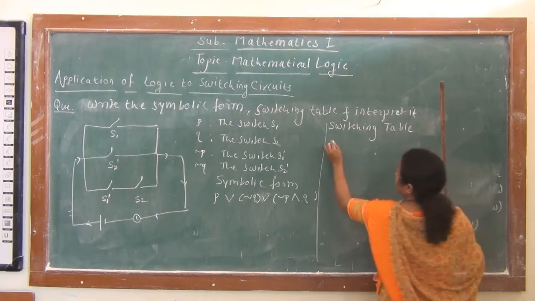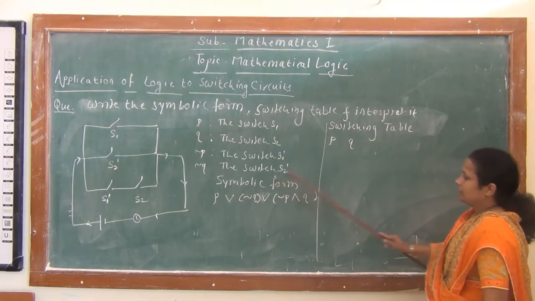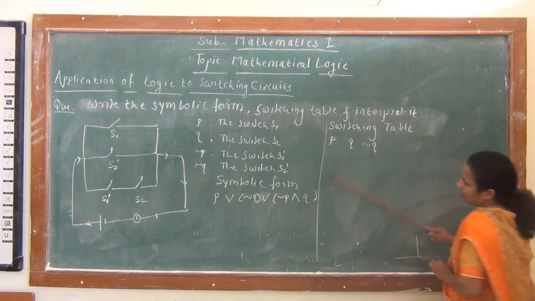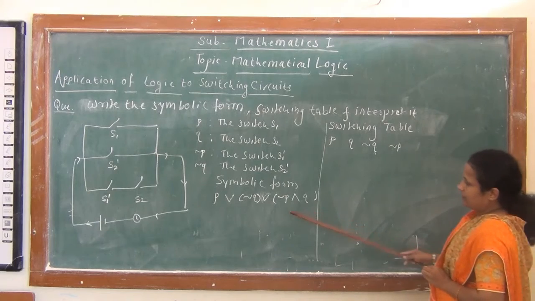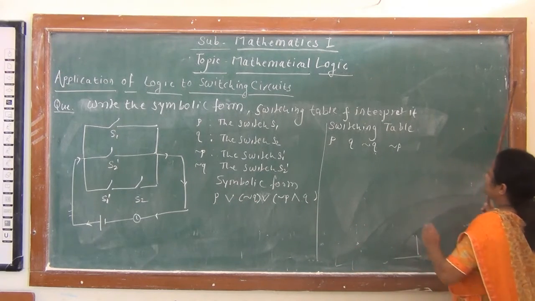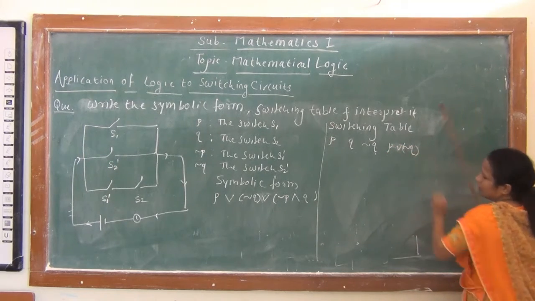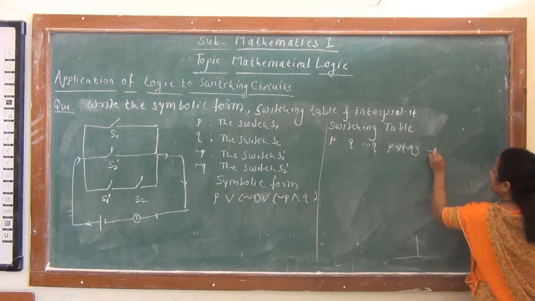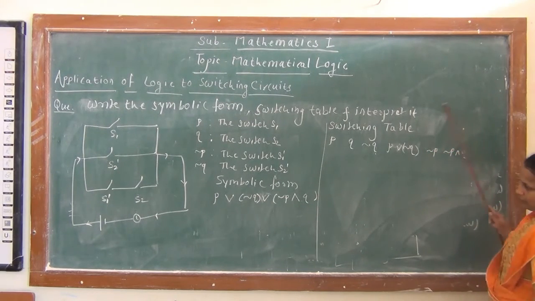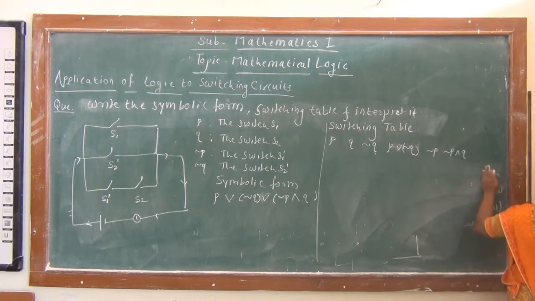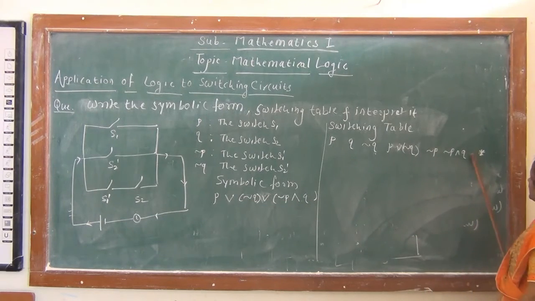So we start with the prime components P, Q. Then we require negation Q. Then we require negation P. Then we require P or negation Q. Instead of this negation P, first we prepare P or negation Q. And then we take negation P. Then we take negation P and Q. And finally our resultant column. So here I have marked this resultant column by a star.